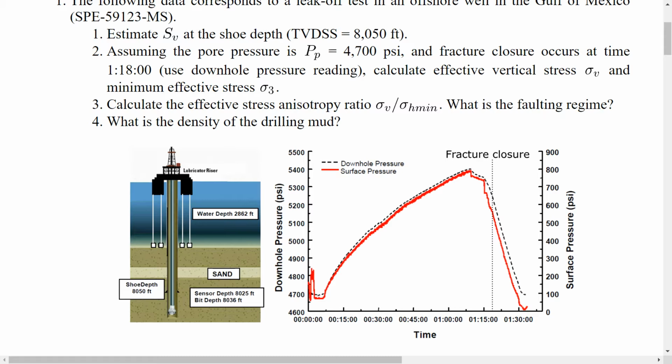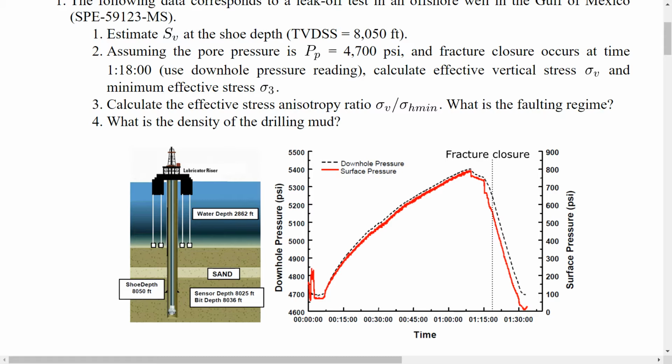In order for us to get all of us the same answer, let's assume 0.44 for the gradient of pressure in the water section, psi per foot, and then 1 psi per foot until the total depth. Okay?